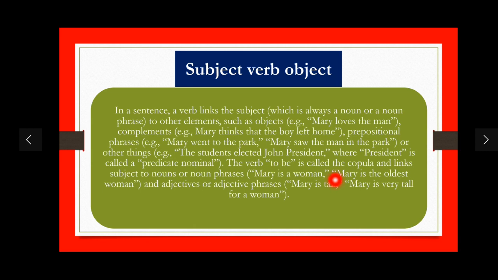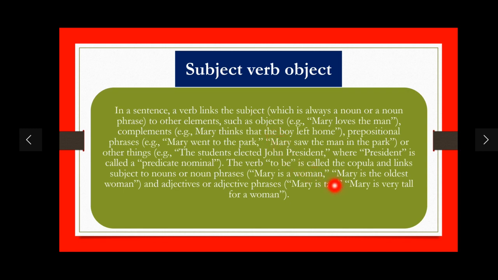So then we can summarize that in a sentence, a verb links the subject to other elements. So the subject is all the time a noun or noun phrase. And other elements may be object, maybe complement, maybe adverbial, maybe adjective, or maybe a noun.